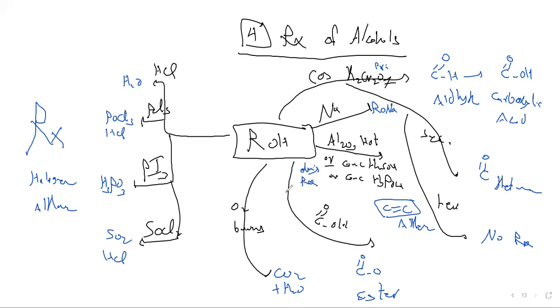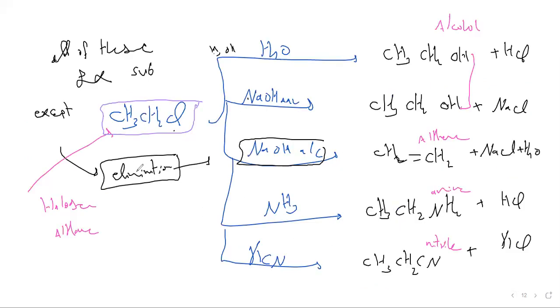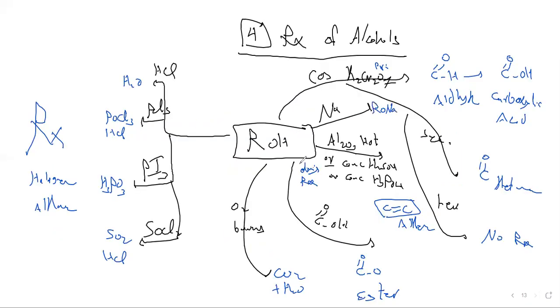We said before, elimination reaction is in case of reacting halogen alkane with NaOH alcoholic, and also alcohol reacting with hot aluminum oxide or concentrated sulfuric acid or concentrated phosphoric acid to produce alkenes, which is also called elimination reaction.